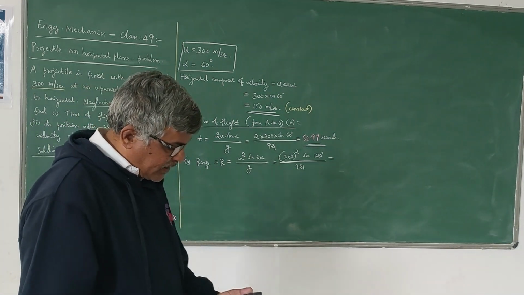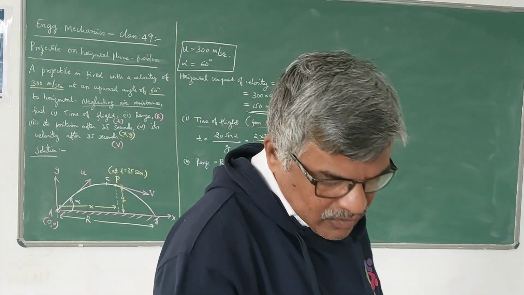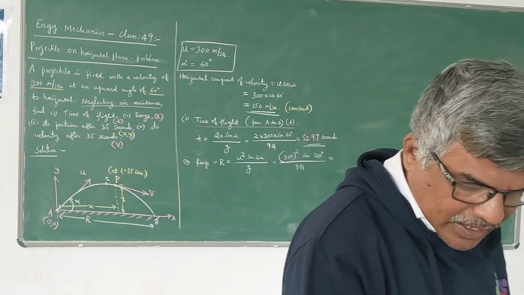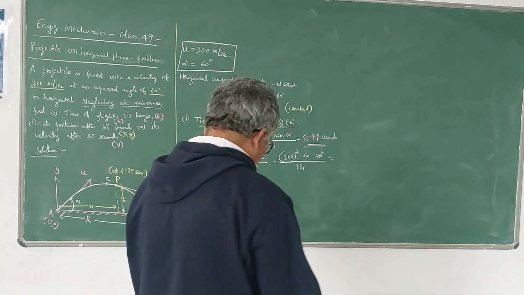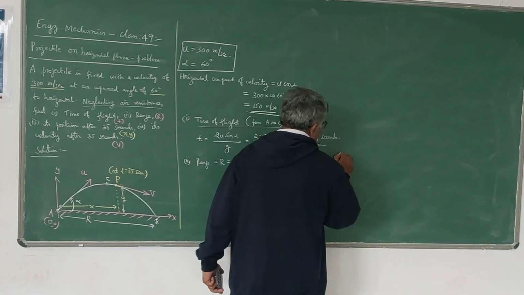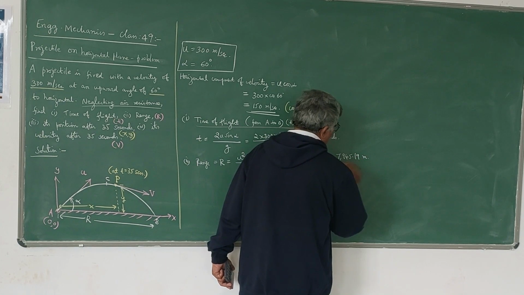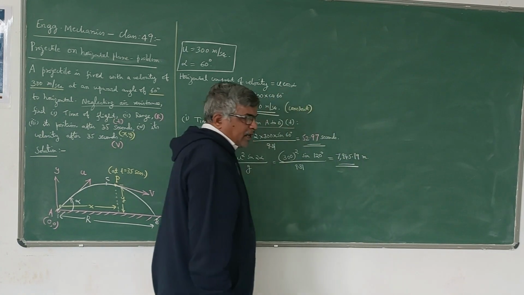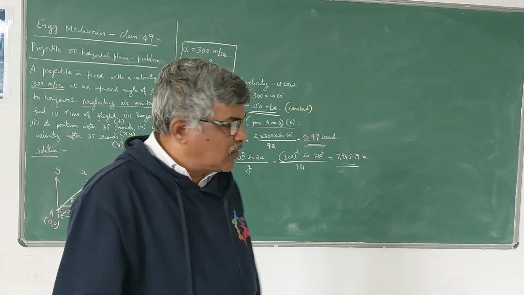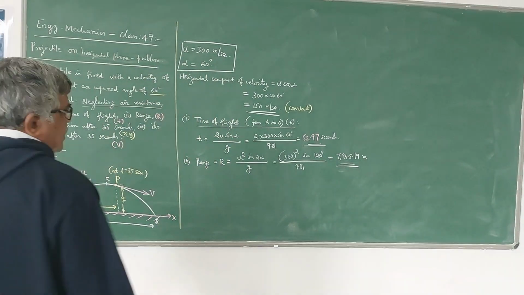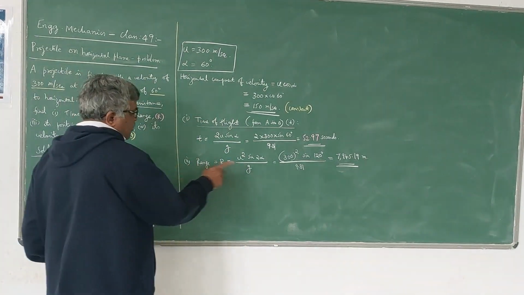So you will be getting 7,945.19 meters. So that means almost it is 7.94 kilometers. Okay. So maybe it's a bomb, something like that. So that is the range you are going to get in meters.